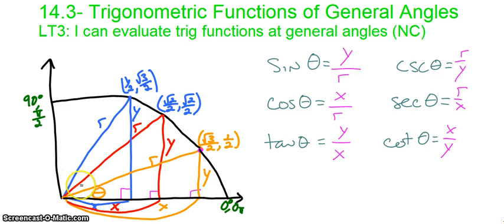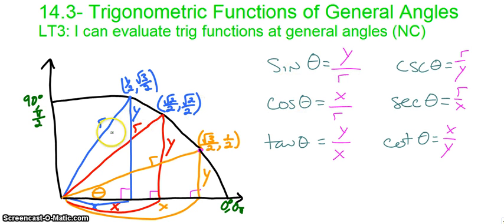I'd be talking about my opposite, which would be this y coordinate here, over hypotenuse, which in this case would be my radius, if I was talking about the point 1/2 and root 3 over 2. They don't have to be weird points with a root 3 over 2 or a root 2 over 2 in them, but these are three special points that we're going to be looking at a lot in this chapter.